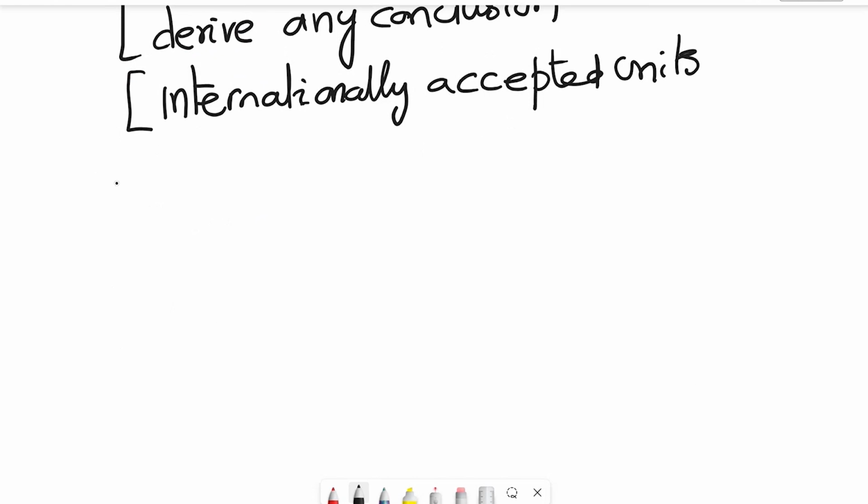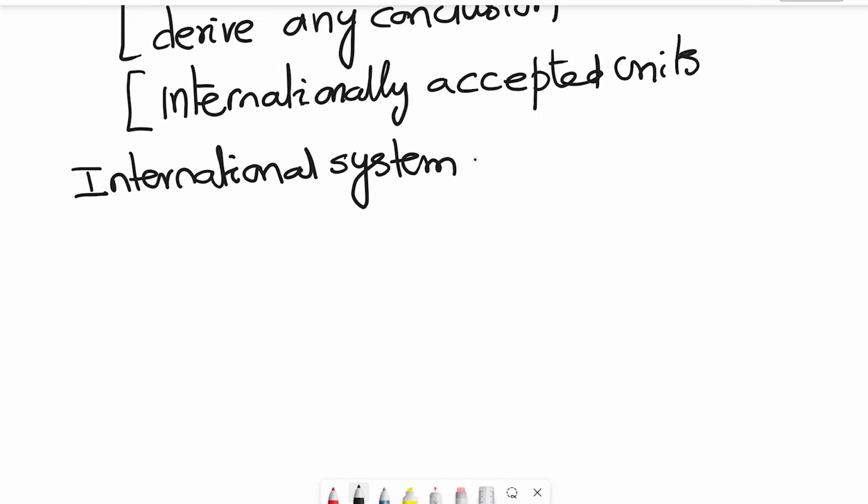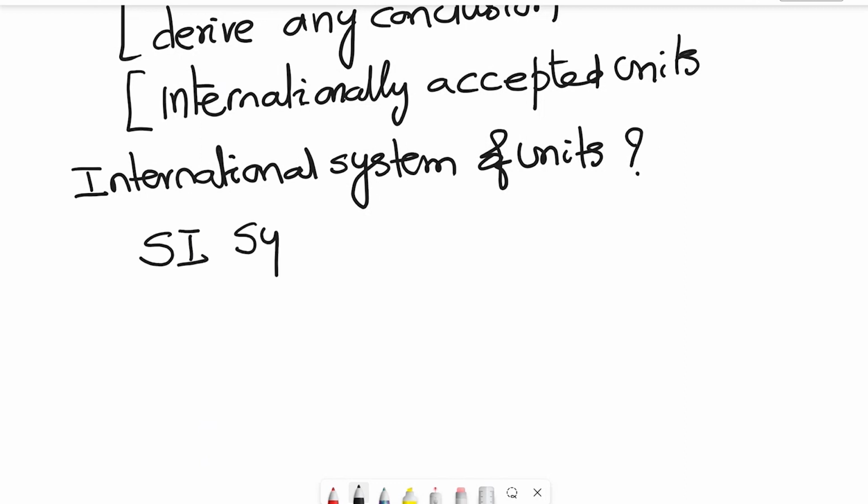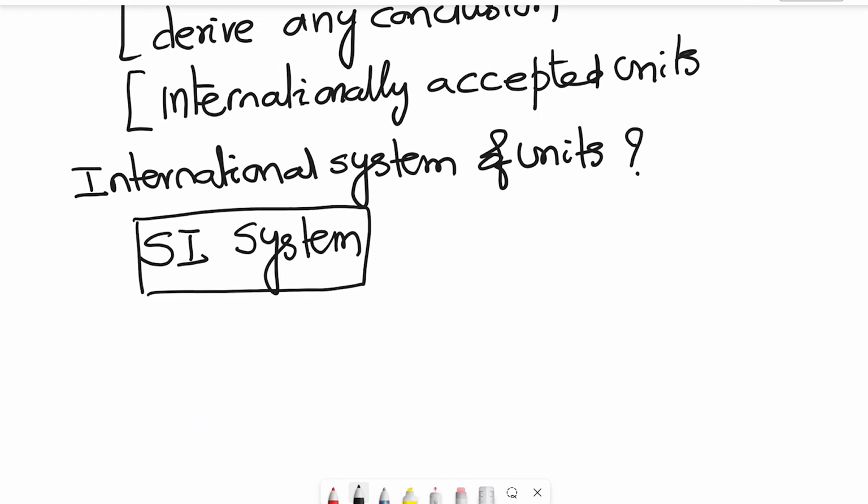What are these internationally accepted units? The international system of units. Remember, it is the SI system, called System International.